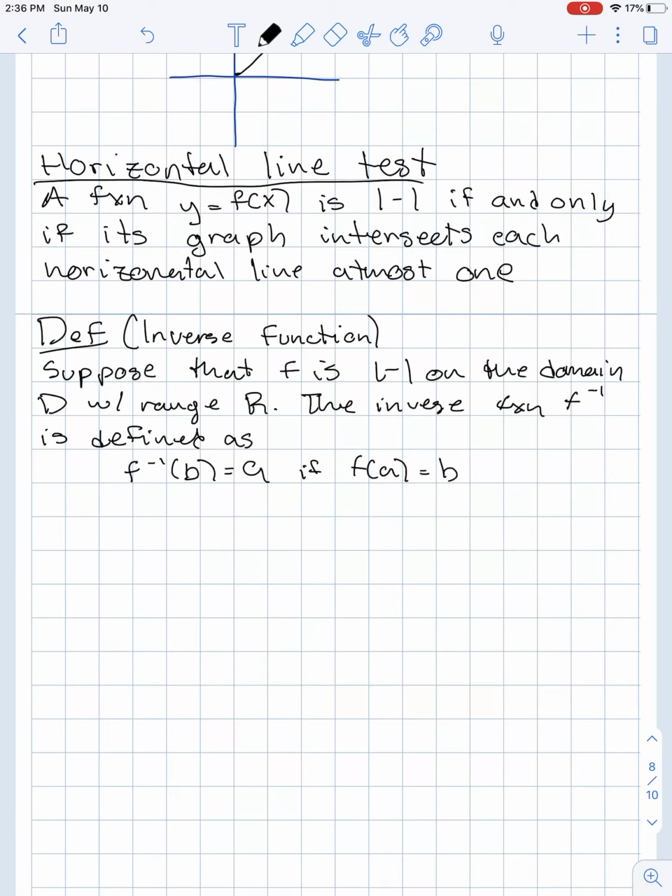We say this f to the negative 1 as f inverse.